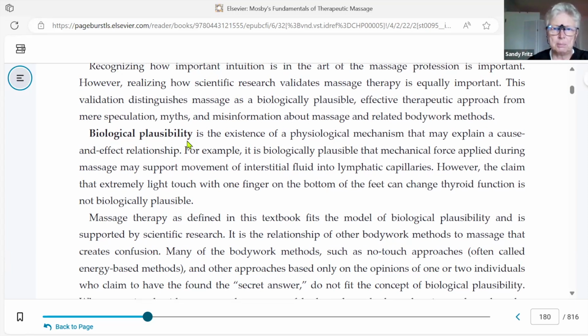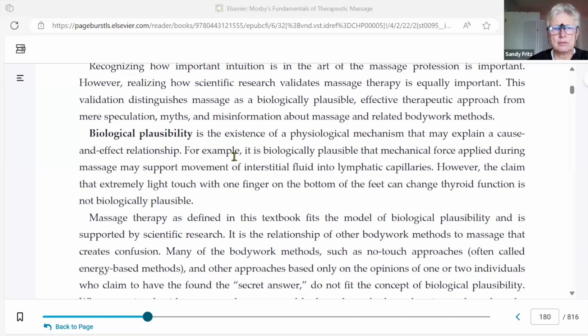So biological plausibility is the existence of a physiological mechanism. It may not be proven yet, but there is at least an existence of a physiological mechanism that may explain a cause and effect, that's causation, relationship.